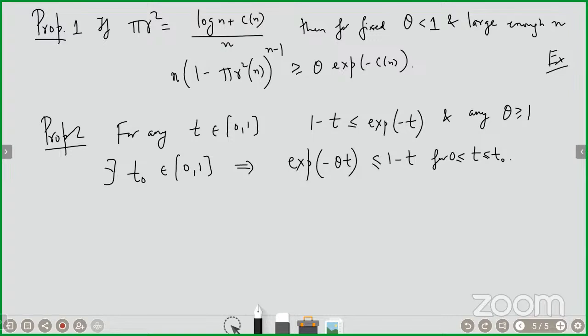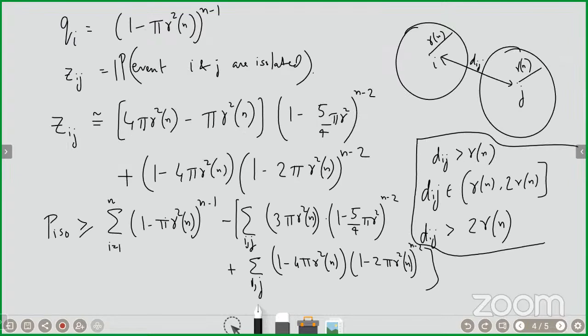Okay, so suppose I give you both. Can you go back to the previous board and try to see what we are trying to do? So the first proposition controls the first one. What about the rest of the terms?